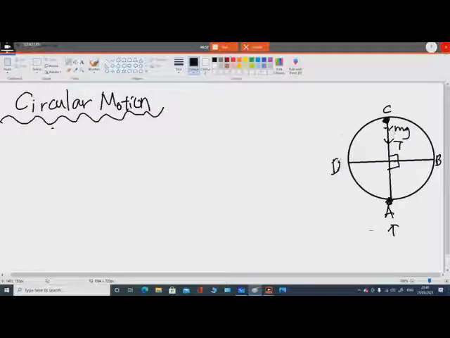Among these 4 points, which point will be our minimum tension? Which point will be our minimum tension here?